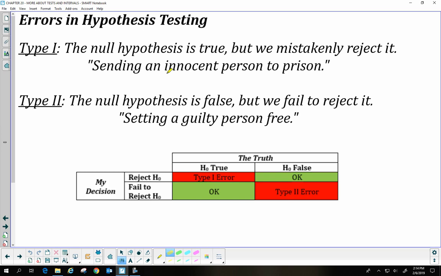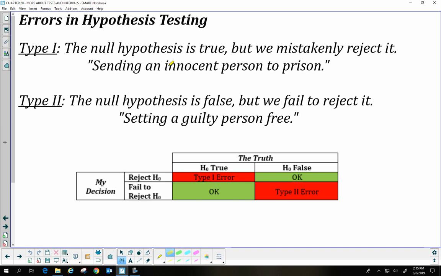A type 2 error is when we have a false null hypothesis, but we fail to reject it. So we don't have significant evidence based on our sample and based on our calculations to reject the null hypothesis, even though in reality that null hypothesis is false. So this is somebody who's guilty, but we fail to reject their innocence and we set them free.